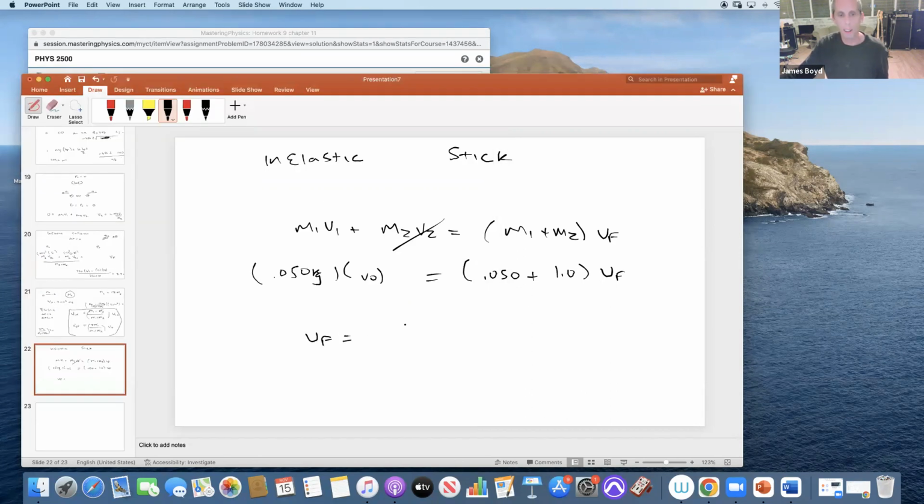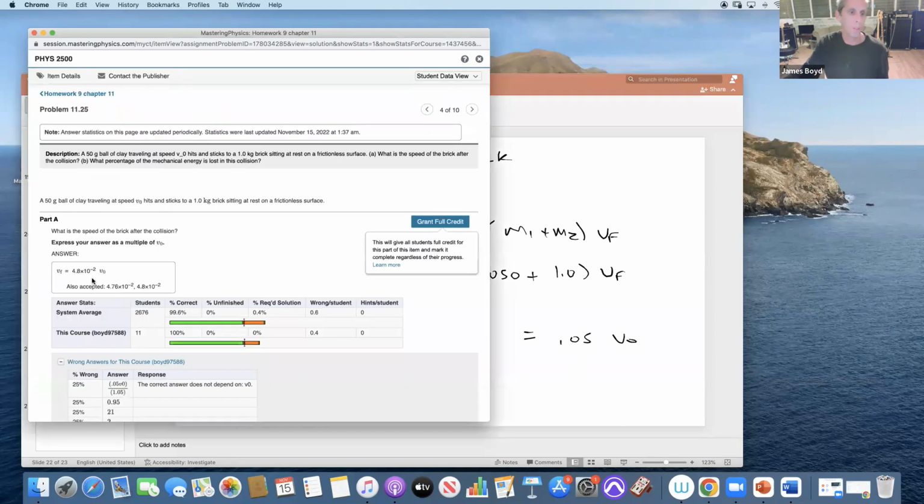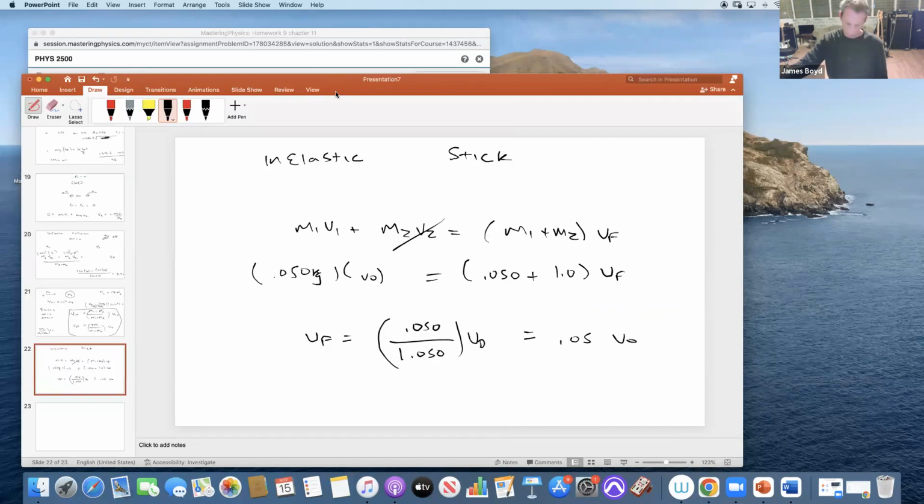So V final is 0.050 over 1.050 times V naught, just divide by that side. So 0.05 divided by 1.05 is 0.047 V naught. They got 0.048. Okay, 0.048. I got 0.0476.